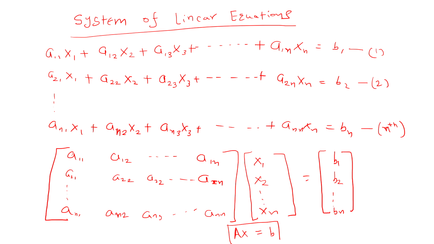So there are 3 points about this system, that is Ax is equal to b. Suppose matrix A is m cross n, which means it has m rows and n columns.